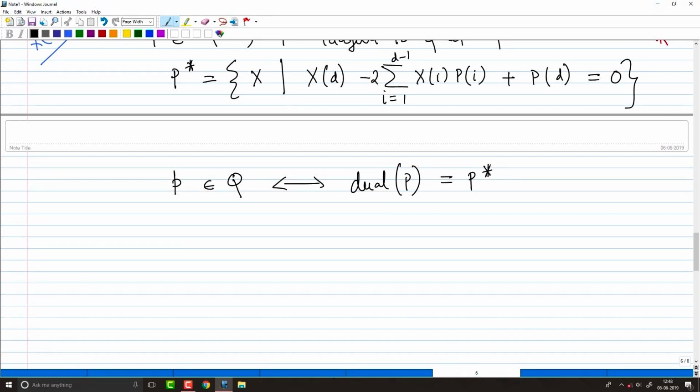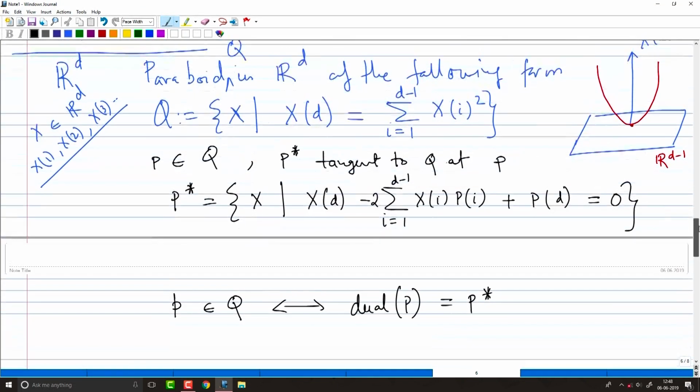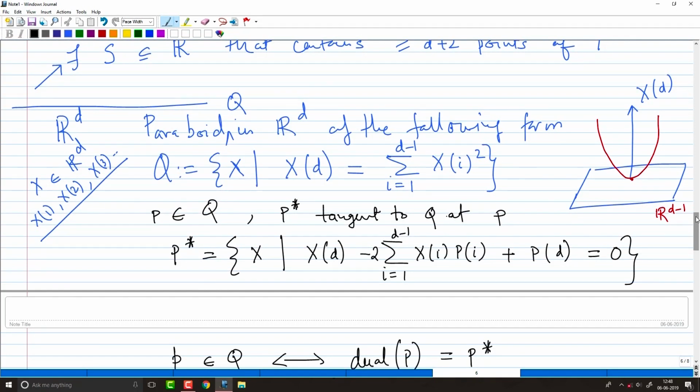So you make this connection. One more thing. We won't be looking at all hyperplanes in R^d. We will be looking at hyperplanes that are non-vertical. What do I mean by that? Non-vertical means the equation of the hyperplane is such that the coefficient corresponding to x_d should be non-zero.